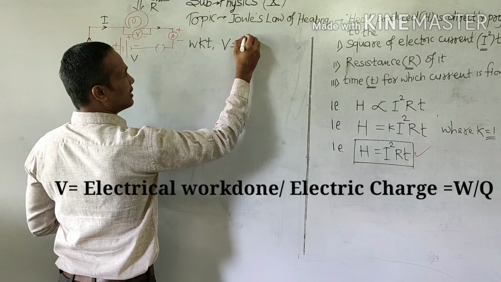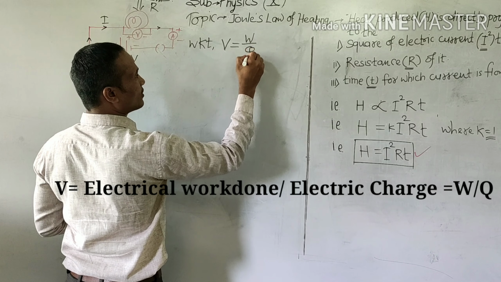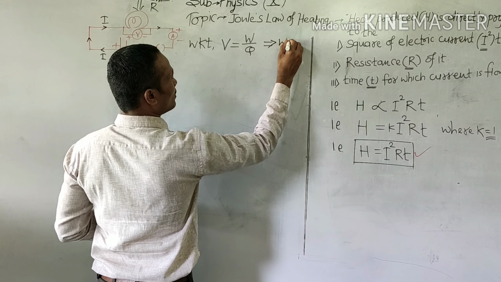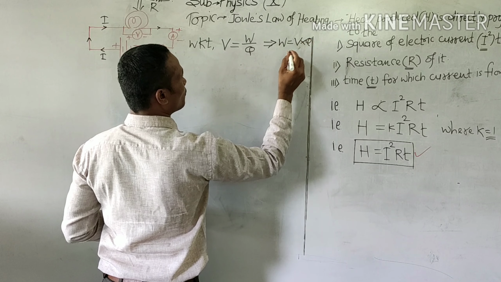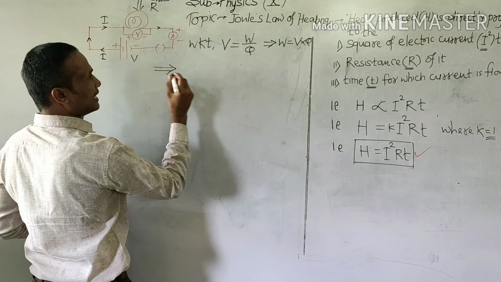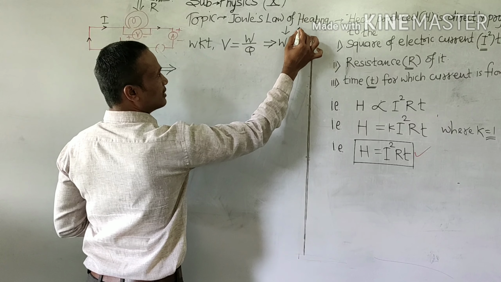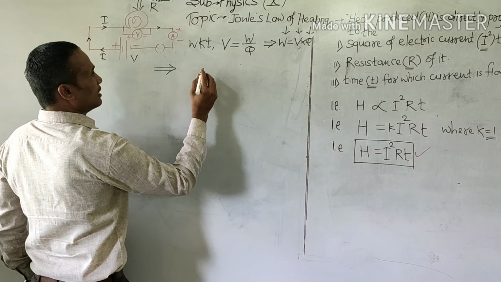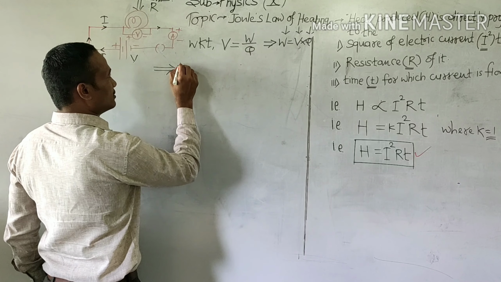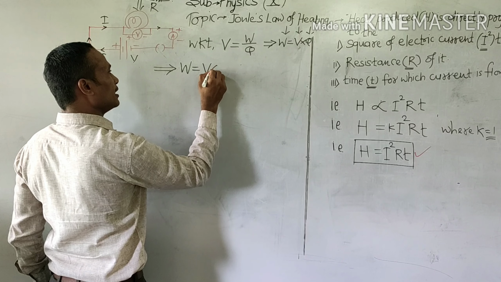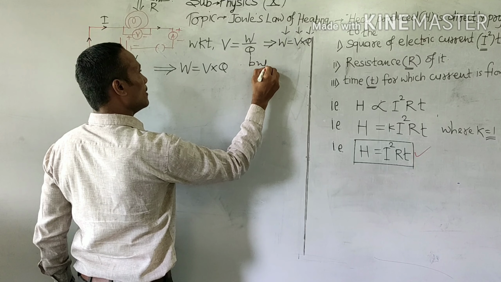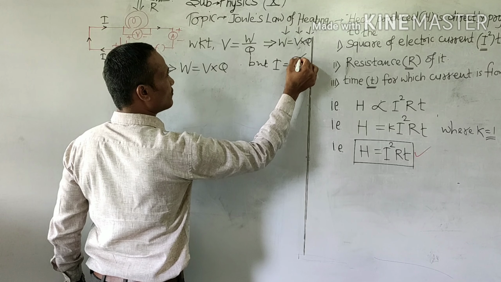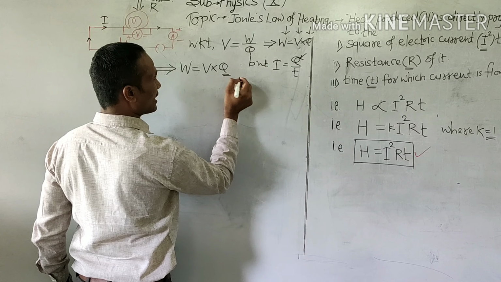Electric potential difference is the amount of work done to move a charge from one place to another, right? This implies that W is equal to V into Q, where W is electrical work done, V is electric potential difference, and Q is electric charge. Now, electric current is nothing but the rate of flow of charge, so the value of Q is I into T and that can be replaced.